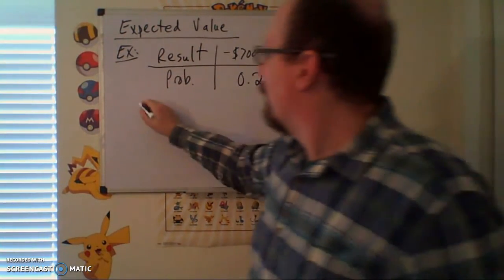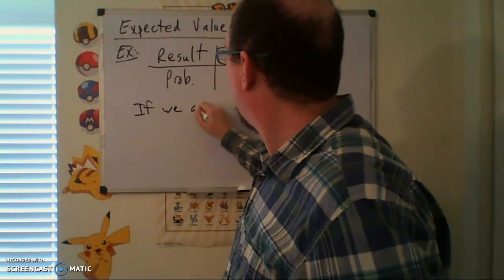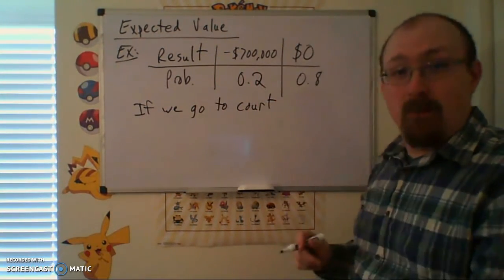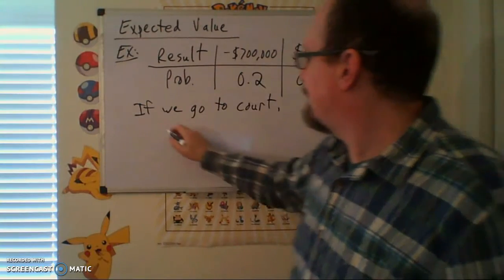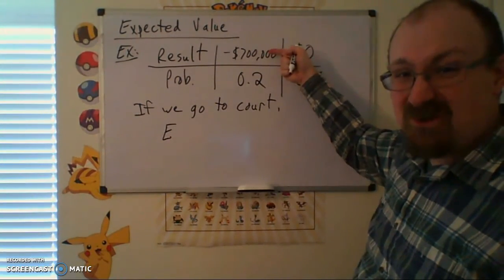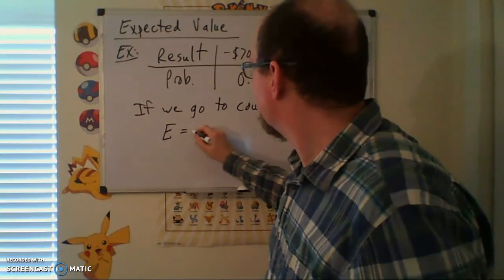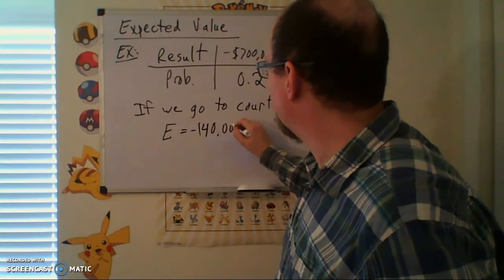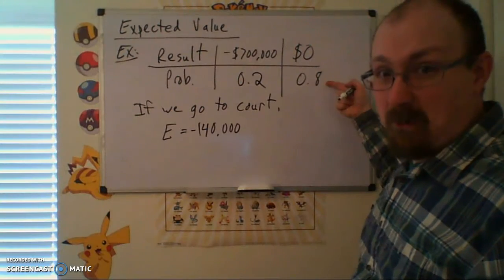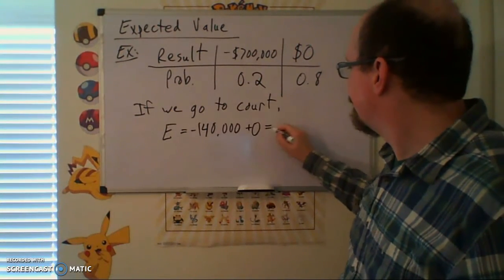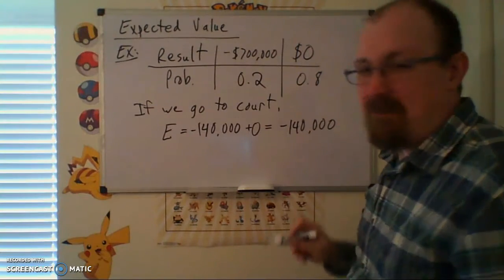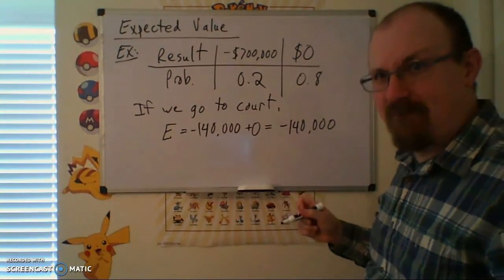Now, assuming we go to court, our expected value is to multiply these two together: negative 700,000 times 0.2 is negative 140,000. Still sounds like an ouch. Plus 0 times 0.8. So we'd have an expected loss of $140,000.